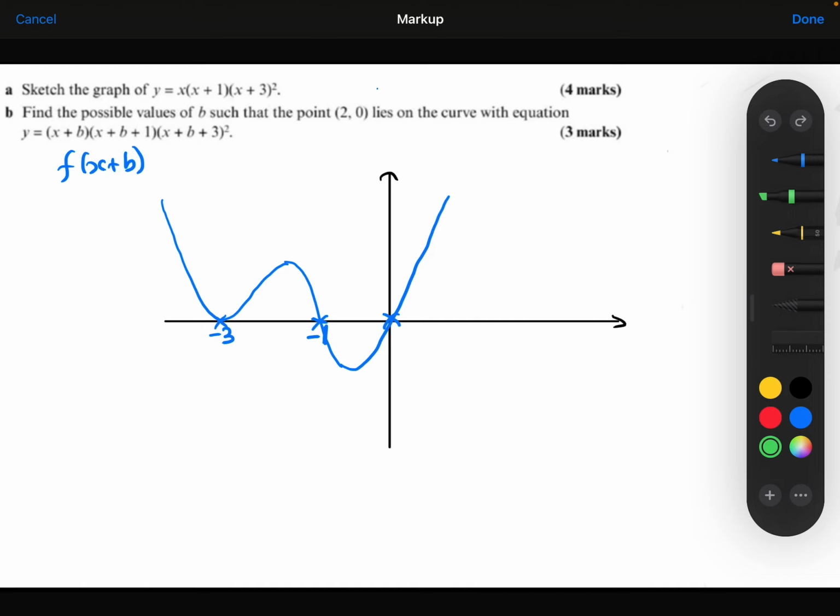So we are told that the graph that we are looking at here passes through the point (2, 0). So over here somewhere, (2, 0). And what value of b would make my function translate over to passing through at point 2?